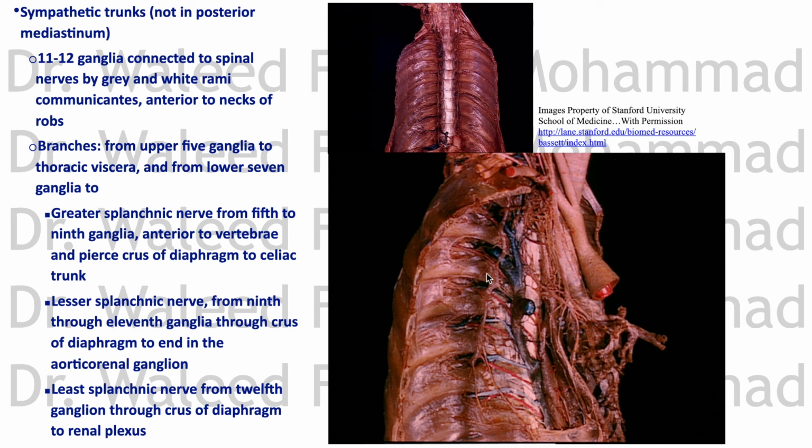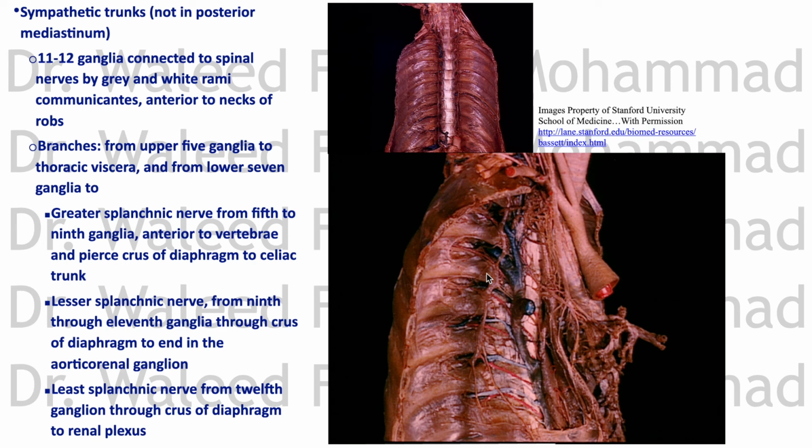This branch leaves the anterior root of the spinal nerve and leaves the spinal nerve outside the vertebrae and goes to synapse in the sympathetic ganglia, and fibers go up and down many levels to distribute the sympathetic outflow, and by means of gray rami communicantes go back from the sympathetic chain to the spinal nerves to be distributed throughout the body.